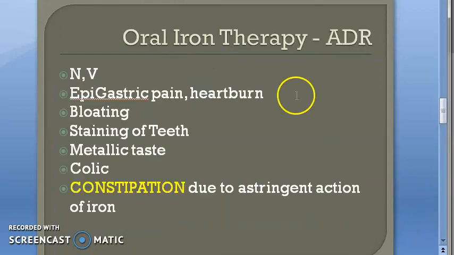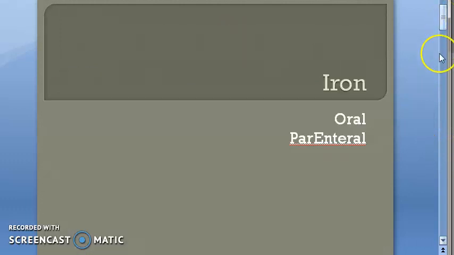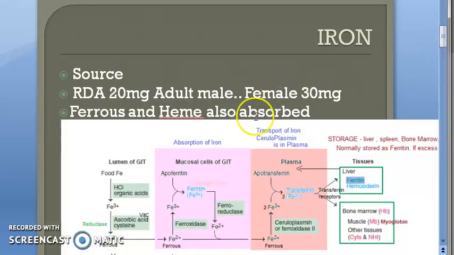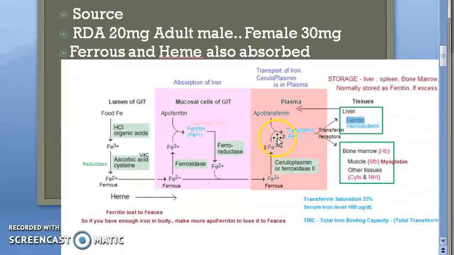Then we saw the adverse drug reactions of oral iron therapy: nausea, vomiting, epigastric pain, heartburn, bloating, staining of teeth, metallic taste, colic, constipation. Iron causes constipation. You should also know what facilitates the absorption of iron and what hinders it.